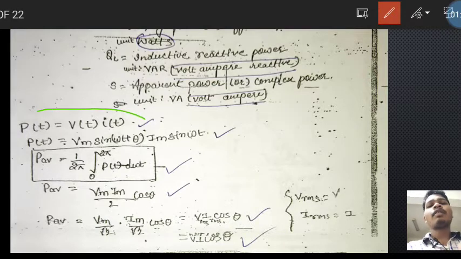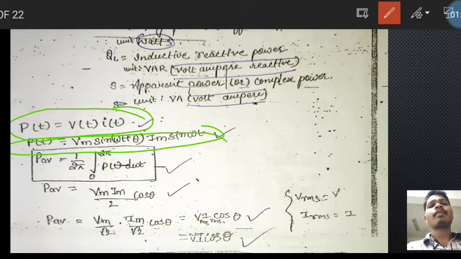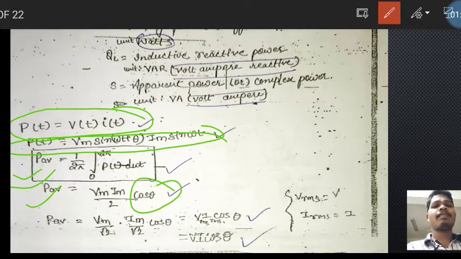So power is equal to Vt into It, or Vm sin(omega t plus theta) into Im sin omega t. The average power is equal to 1 divided by 2 pi, integration from 0 to 2 pi of P(t) d omega t, that is Vm Im divided by 2 cos theta, or Vm divided by root 2 into Im divided by root 2 cos theta.